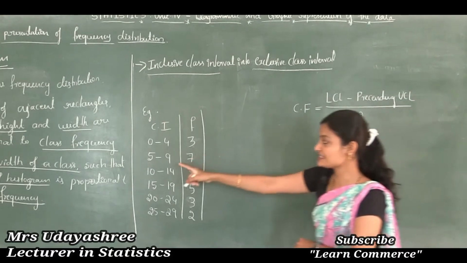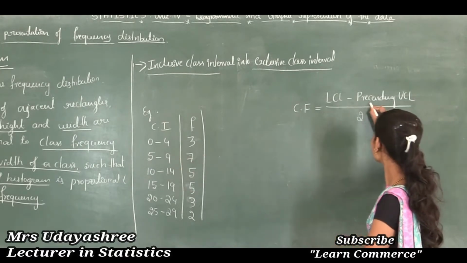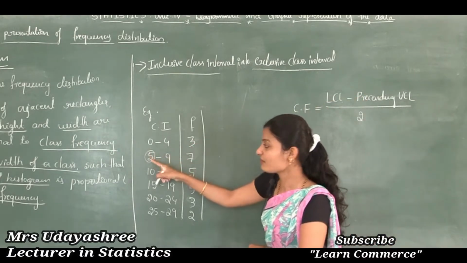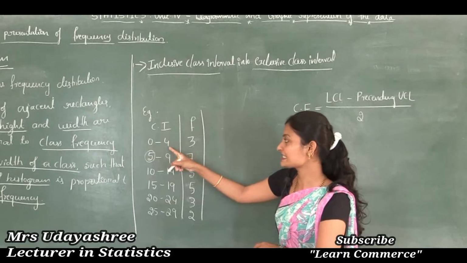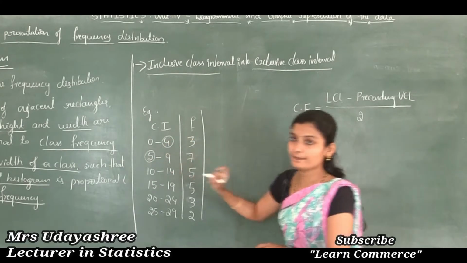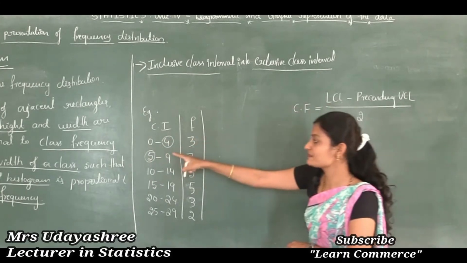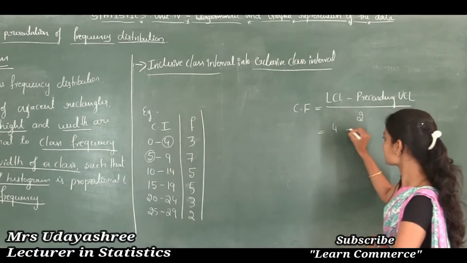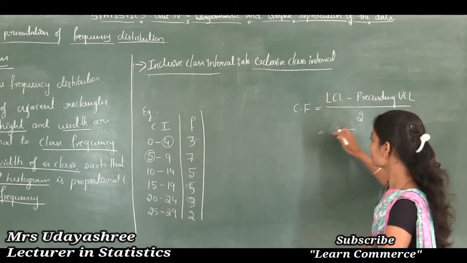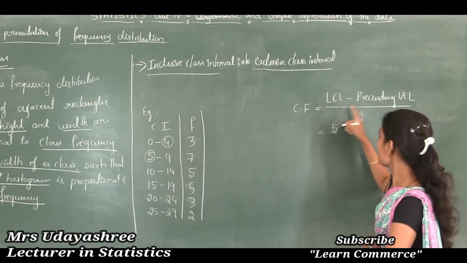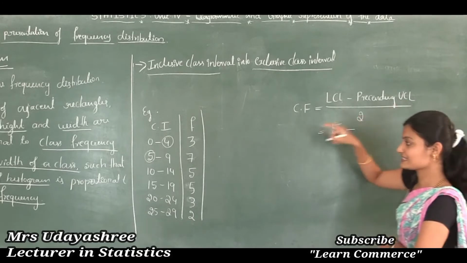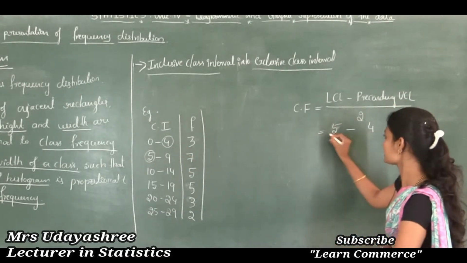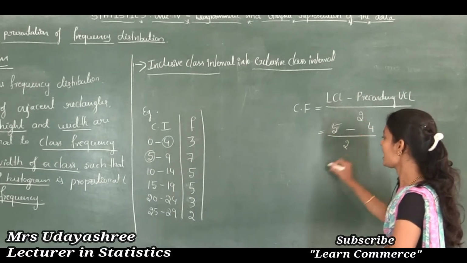In this class interval, the lower class limit is 5 and the preceding upper class limit is 4.